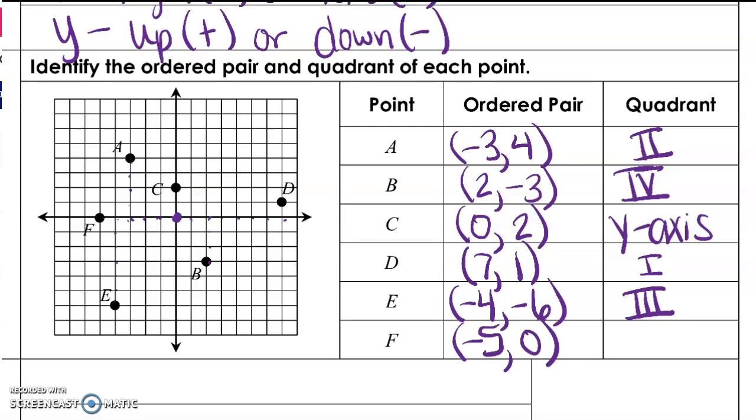Make sure you put the 0 in there. That is not in a quadrant, that is on the x-axis. So again, ordered pairs always go x first, which is left or right, and then y, which is up or down. Remember that your quadrants start with 1 and then go counterclockwise, 2, 3, and 4.